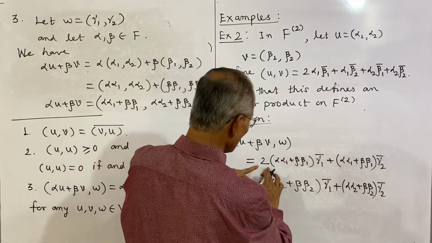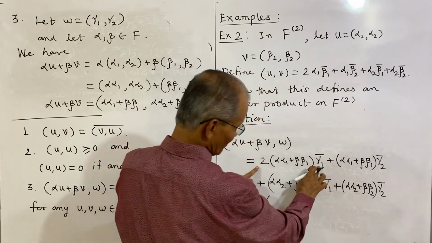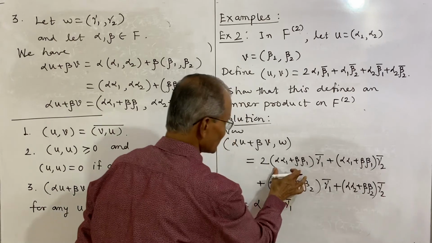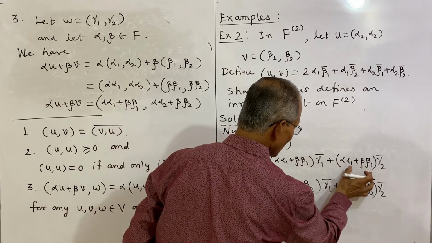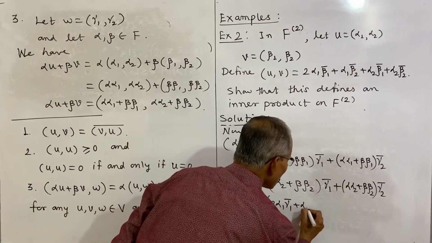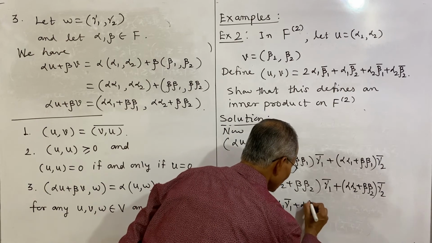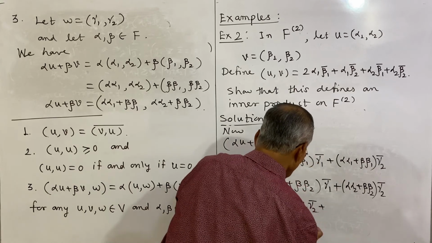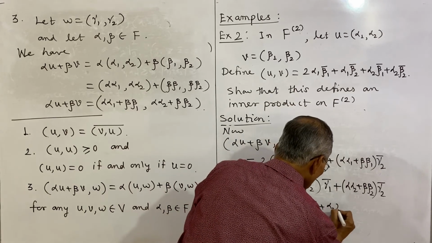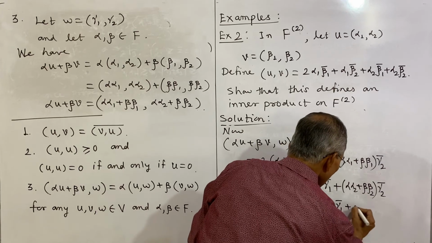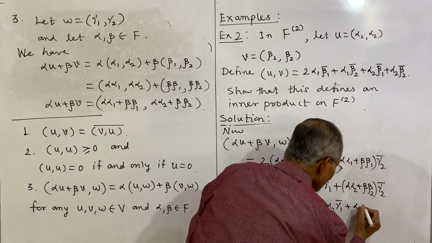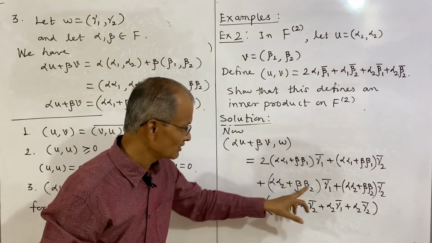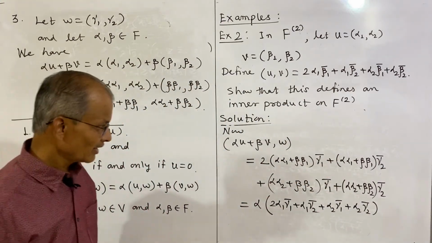You see 2 alpha 1 conjugate of gamma 1 first, and then alpha 1 conjugate of gamma 2, and again alpha we consider as common, alpha 2 conjugate of gamma 1 plus alpha 2 conjugate of gamma 2 will remain in the bracket. Taking alpha common from these 4 terms, we have written the remainder in the bracket.